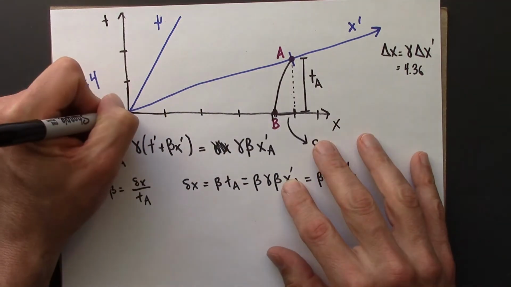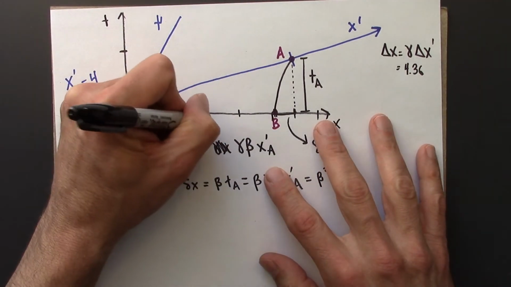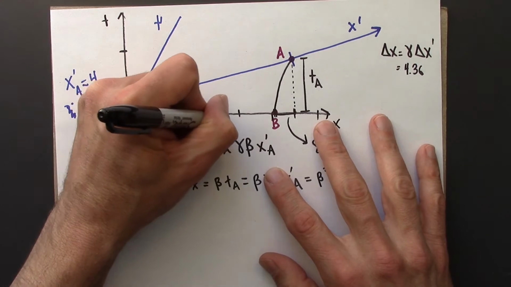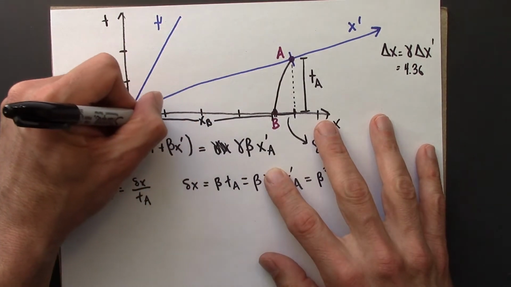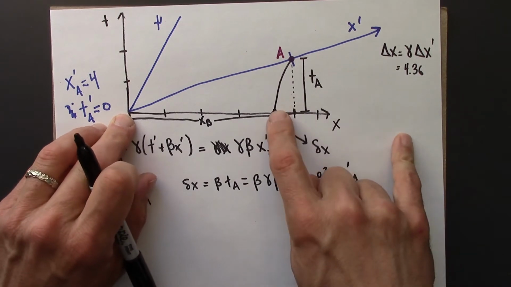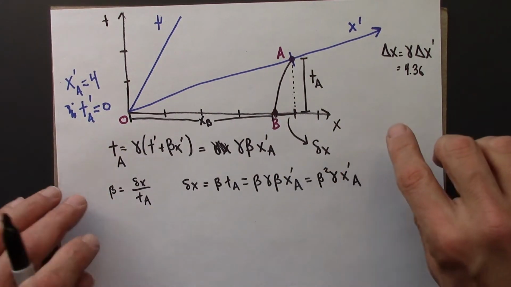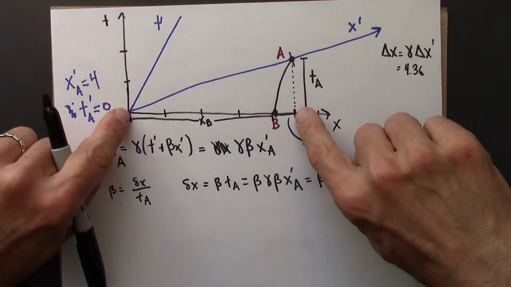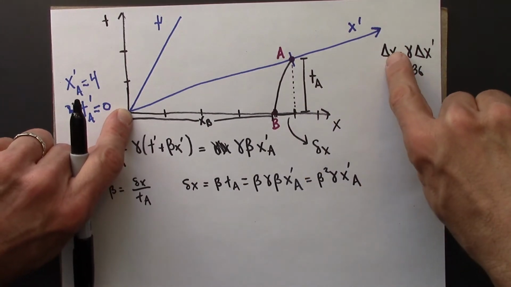Okay, so this distance here is xb, the x coordinate in Anna's frame for event B, and it's also the length of the stick. So this is what we call delta x.